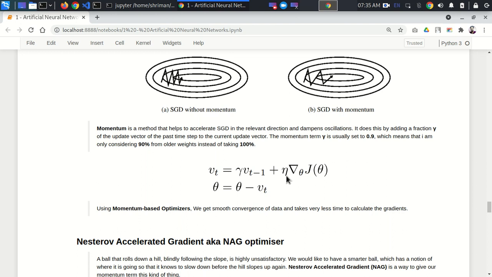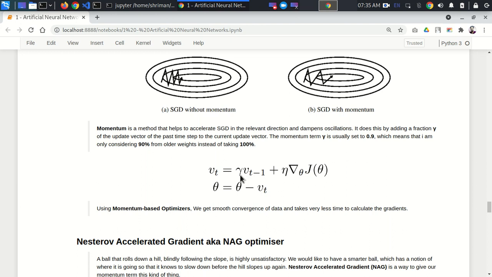Now in our second iteration, we will have this V(t-1). In this second iteration, this V(t-1) will be the learning rate from our first iteration. Whatever learning rate we used in our first iteration will be our V(t-1). Now we introduce our gamma. This gamma can have any value, maybe 0.9, as people have introduced in SGD.